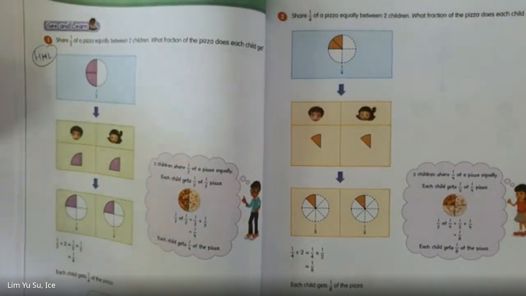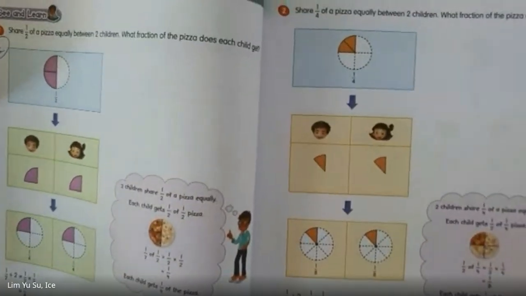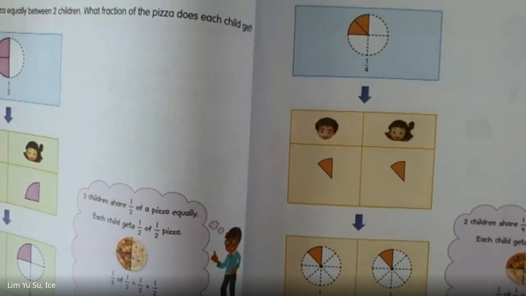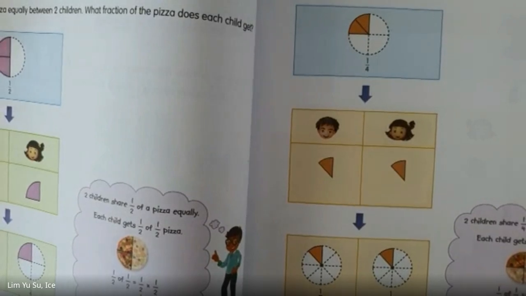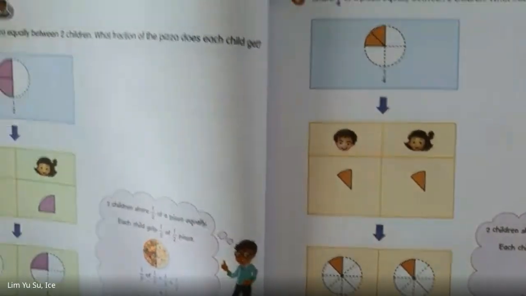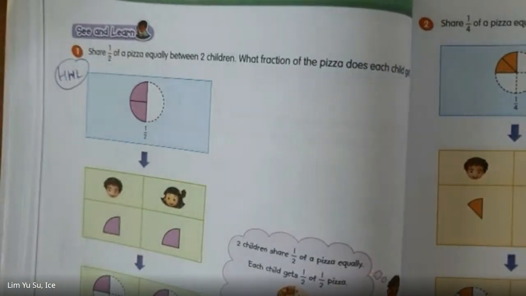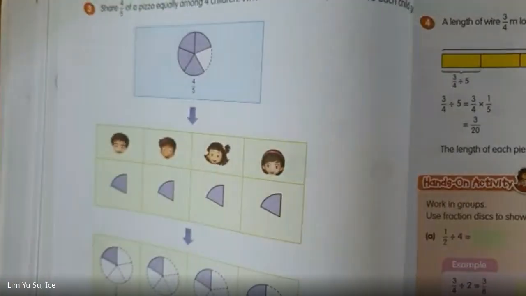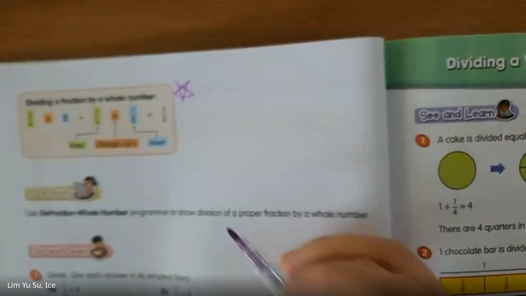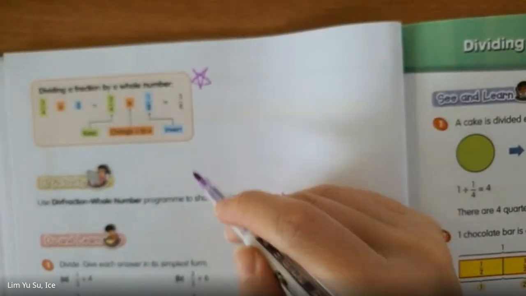Have you found it? Elena, you found it? The first one is here, page 32.